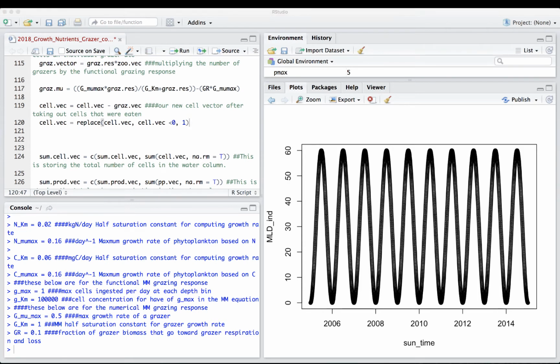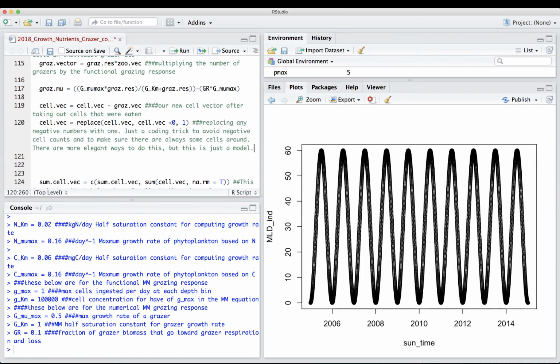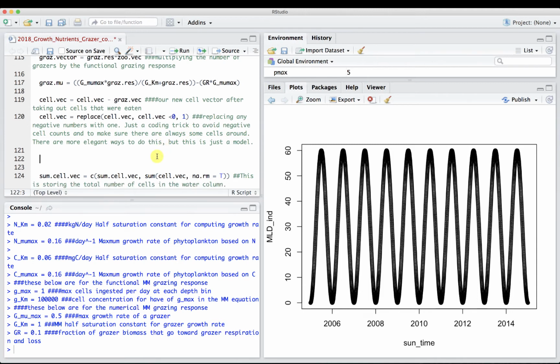It's just a coding trick to avoid negative cell counts. There's always some cells around. I'm just going to copy and paste this comment in here: replacing any negative numbers with 1, a coding trick to avoid negative cell counts and to make sure there's always some cells around. There are more elegant ways to do this, but this is just a homework model.